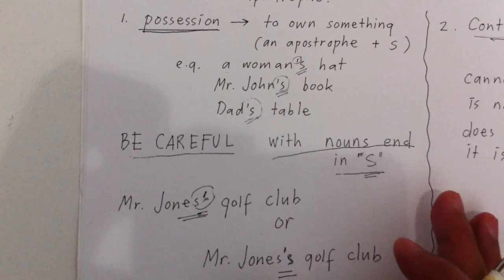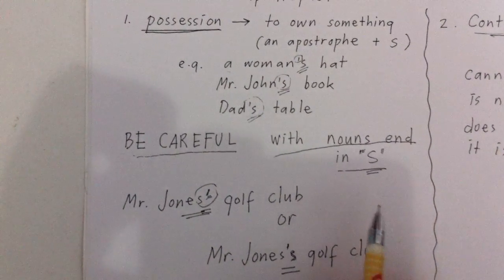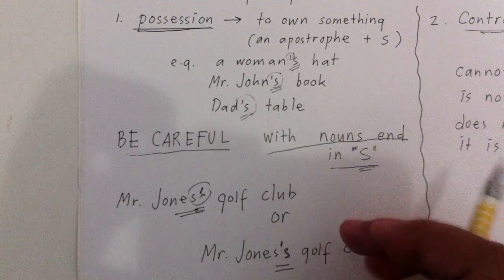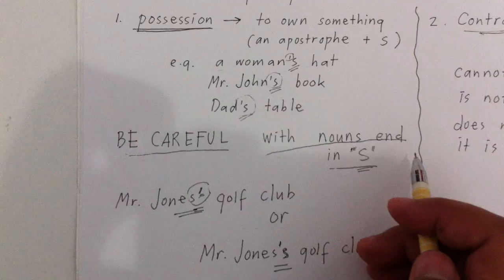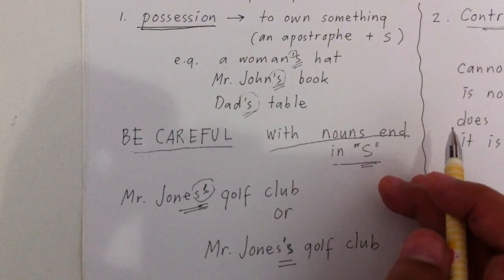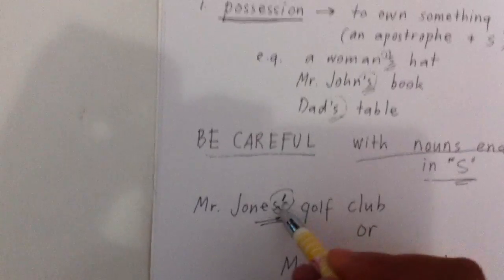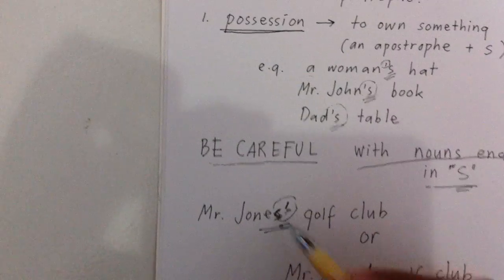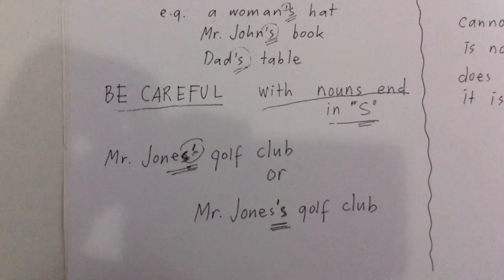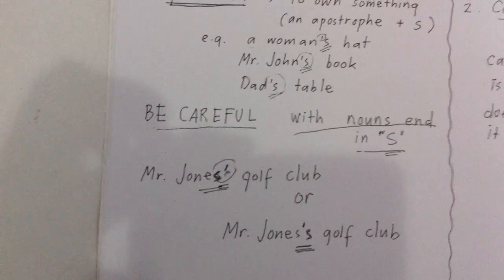There are actually conflicting policies and theories about how to show possession when writing such nouns which end in S, and there is no right answer about it. So the best advice is to choose a formula and stay consistent. If you choose to write it using only the apostrophe, or use apostrophe S, I think both of them are accepted as long as you're consistent.